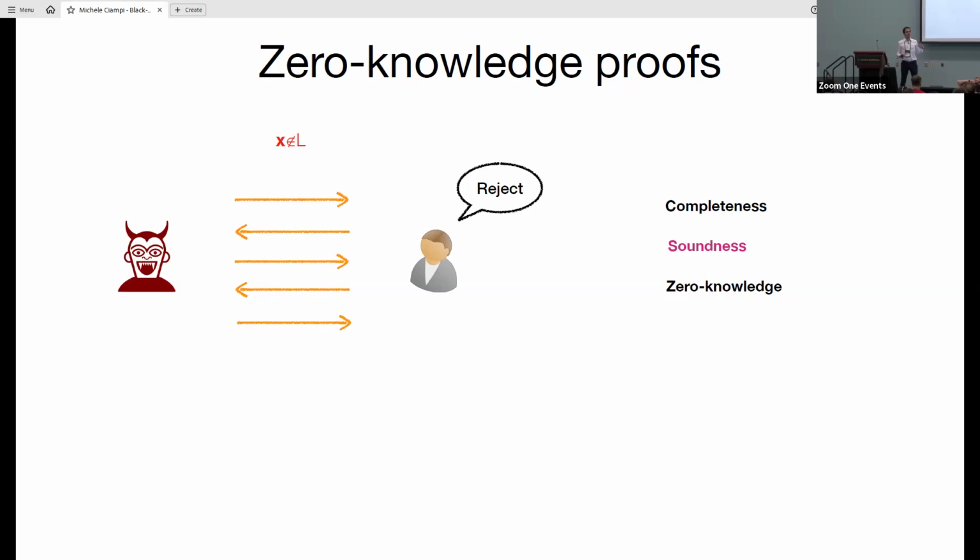If the prover is corrupted, then there is no way that an efficient adversary should be able to convince the verifier about the validity of a statement X when X does not belong to the language.